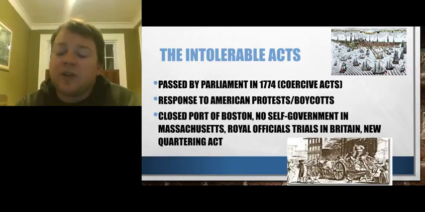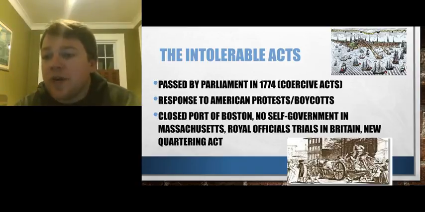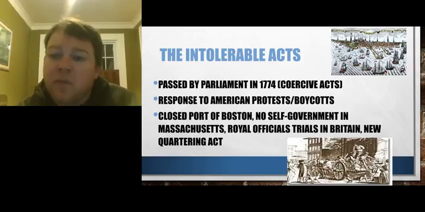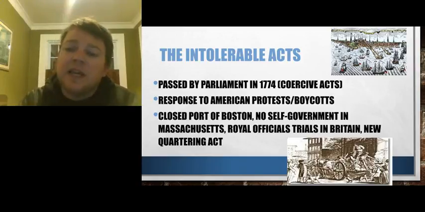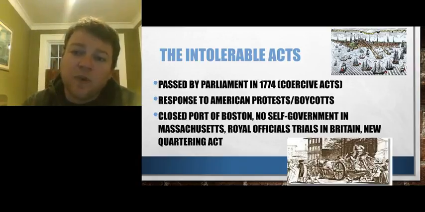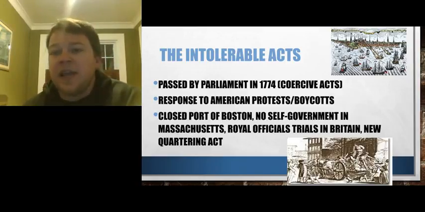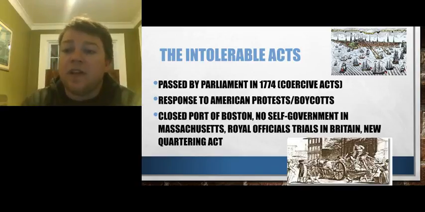The Intolerable Acts are going to be a response to the various types of boycotts and protests that were happening, particularly the Boston Tea Party is going to be the big reason why the Intolerable Acts will come down. We're going to talk about the Boston Tea Party more in depth, but just to make a long story short, colonists dumped millions of dollars worth of tea into Boston Harbor, effectively ruining it, as a response to the Tea Act, which was still around from the Townshend Acts, and England felt like it needed to sort of punish the colonies.